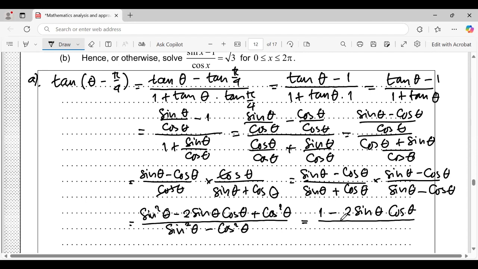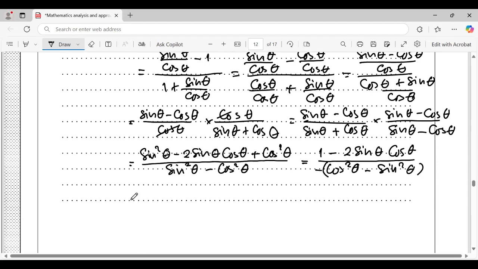For the denominator, I write it as minus cosine squared theta minus sine squared theta, because I will use the trigonometric identity.